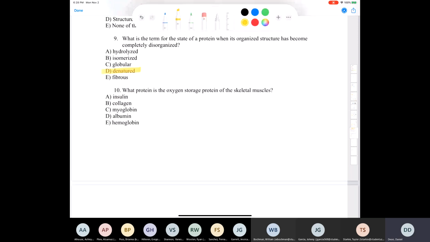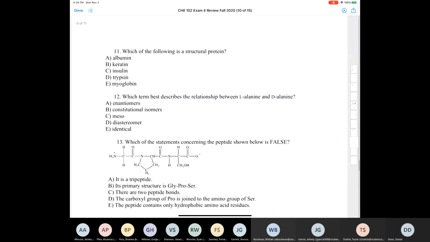I'm not a speed guy, but number 10, what protein is the oxygen storage protein in muscles? Yeah, in muscles, it's myoglobin. Muscles, myoglobin, right? In the blood, it's hemoglobin.